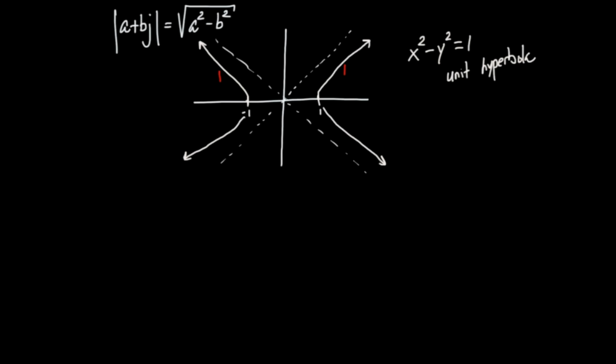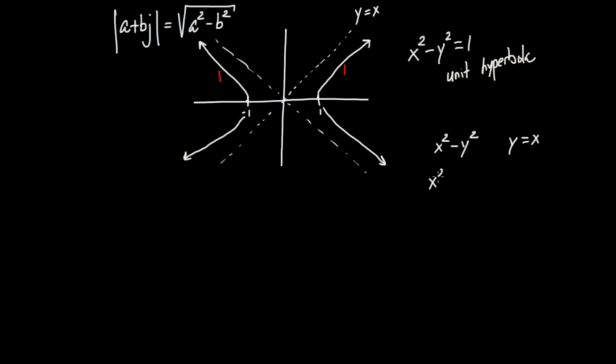Now, a few other things of interest here. If I take a look at this oblique asymptote here, this is going to have the equation y is equal to x. And now, if I consider any one of those points, which has the property that y is equal to x, and I calculate the quantity x squared minus y squared, I know that y is equal to x, so I can make the substitution.